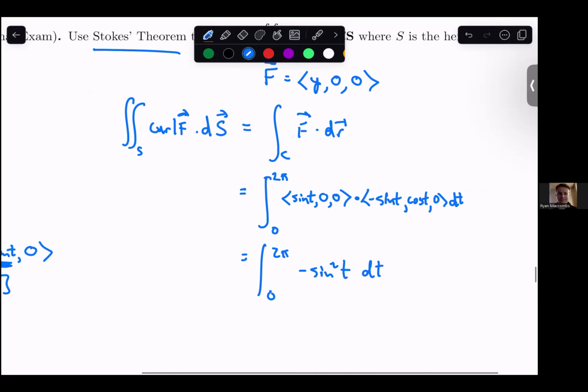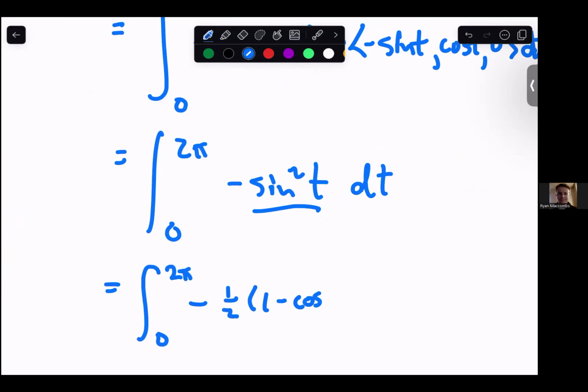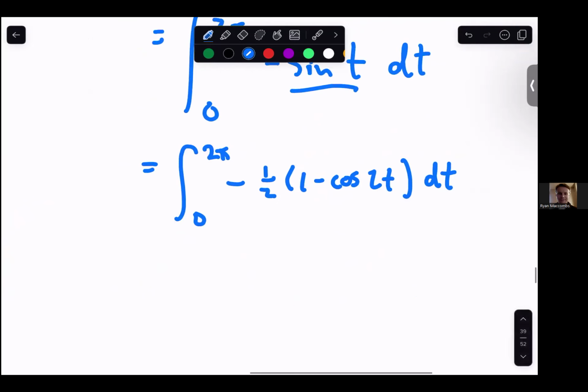Now remember, there's a nice power reduction formula, I believe, on our formula sheet for sine squared. And it should remind you that sine squared is equivalent to 1/2 times 1 minus cosine of 2t. Let's go ahead and maybe factor out some of these constants.